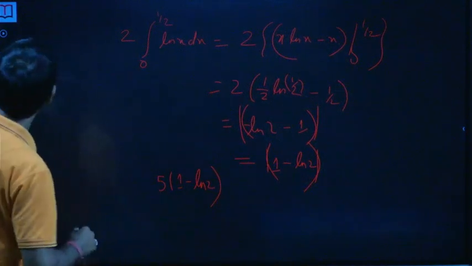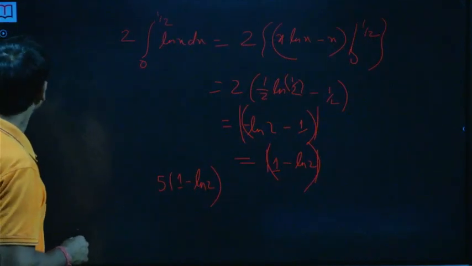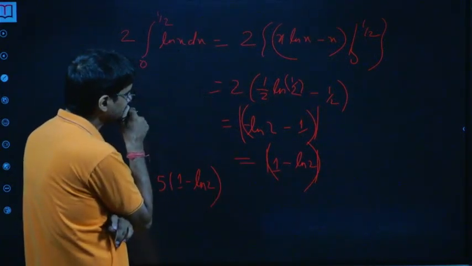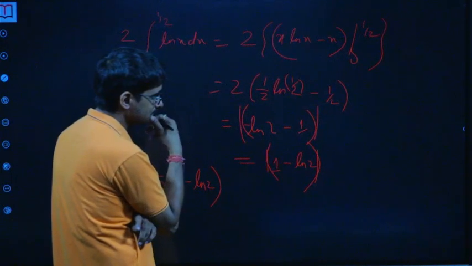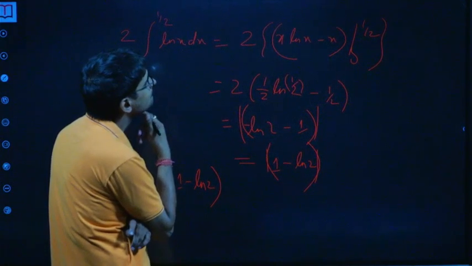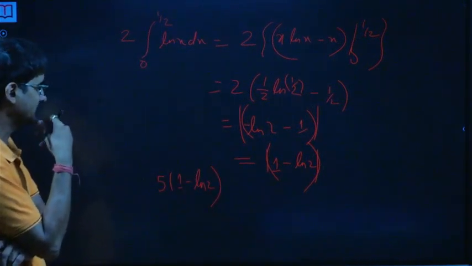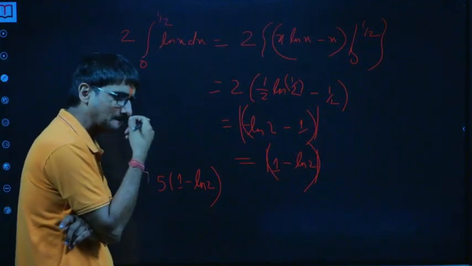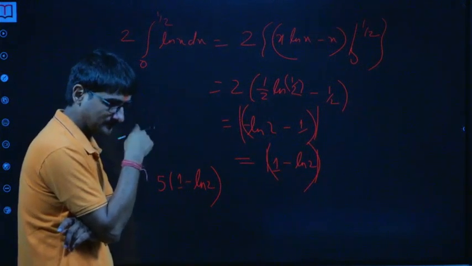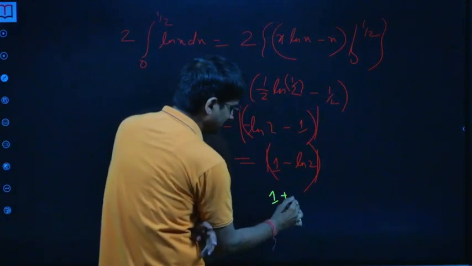Because looking at the options, it's 5 times 1 minus ln 2 or 5 ln 2. The first one we got as 5. Wait, so it will be minus half, so minus 1 minus ln 2. To make it positive, of course this is negative, ln 2 is negative, so will that be 1 plus ln 2?